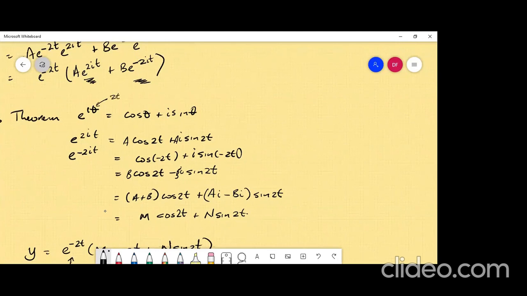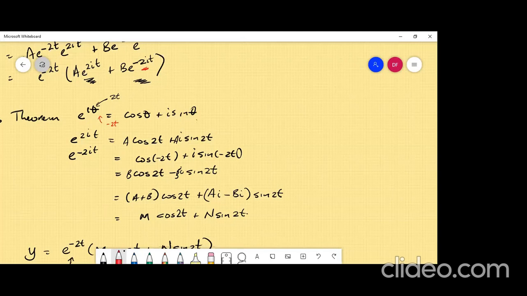So everywhere we say theta, we put 2t. And then we replace it by minus 2t in the second case. So the second one we say cos of minus 2t plus i sine of minus 2t.